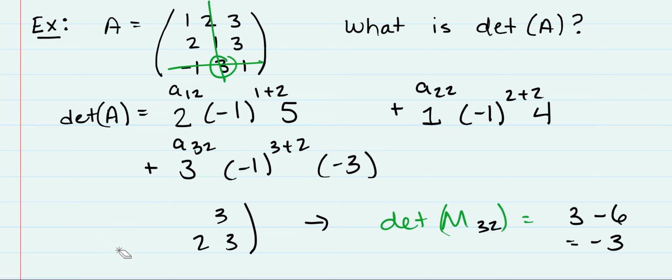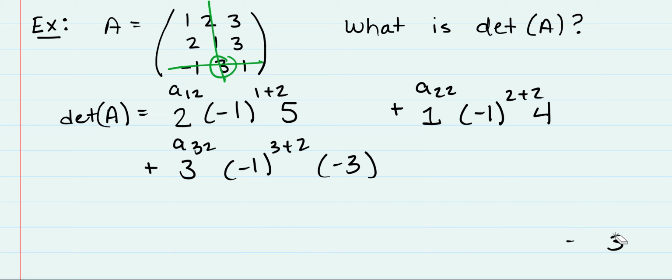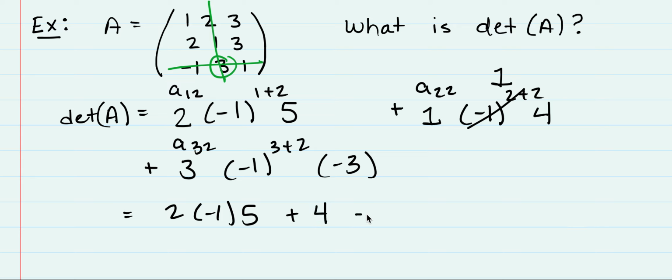Now let's figure out what this sum is. So this is 2 times negative 1 times 5. This becomes 3 here. This negative 1 is just a positive 1 because 2 plus 2 is 4, so it's an even power. So plus 4, and then this is minus 1 times 3 times a negative 3.